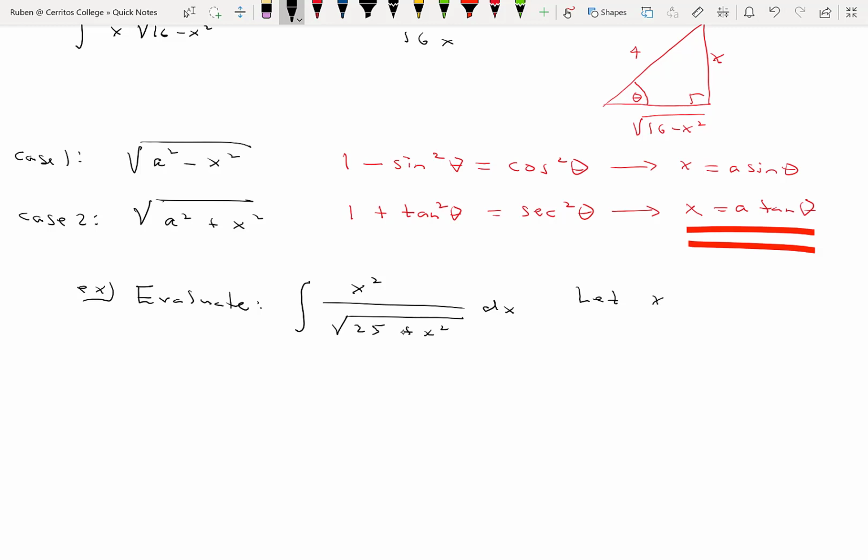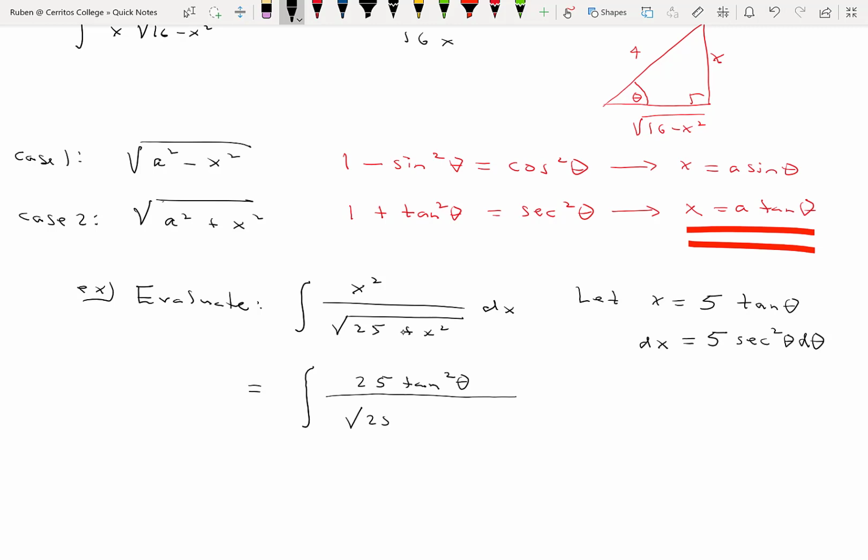Let's let x equal 5 tangent theta. So dx equals 5 secant squared theta, since the derivative of tangent is secant squared. And then we make our substitution. In the numerator, I'm going to have 25 tangent squared theta, because I'm letting x equal 5 tangent.